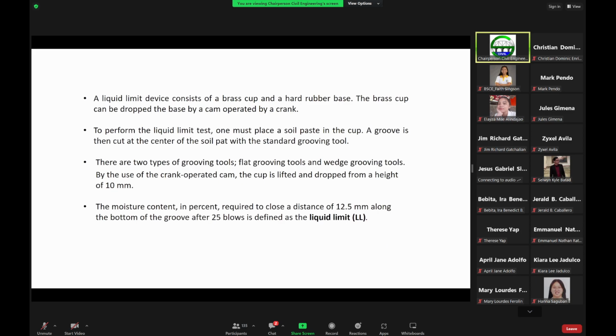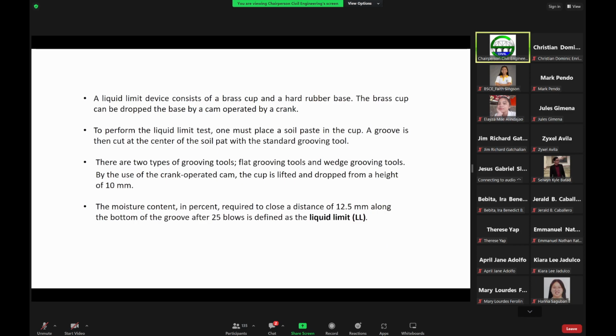There are two types of grooving tools: the flat grooving tool and the wedge grooving tool. By the use of the crank-operated cam, the cup is lifted and then dropped from a height of 10 millimeters.